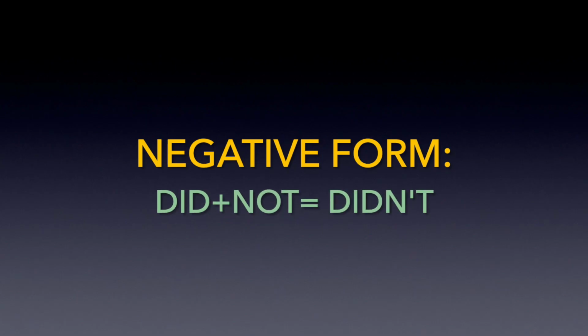Now, let's talk about negative form. Negative form of simple past is constructed with the help of the word did. This word we call an additional word. Plus we add a particle not. So the form is did not. After this form, we use the verb in its original form. For example, I played football yesterday.